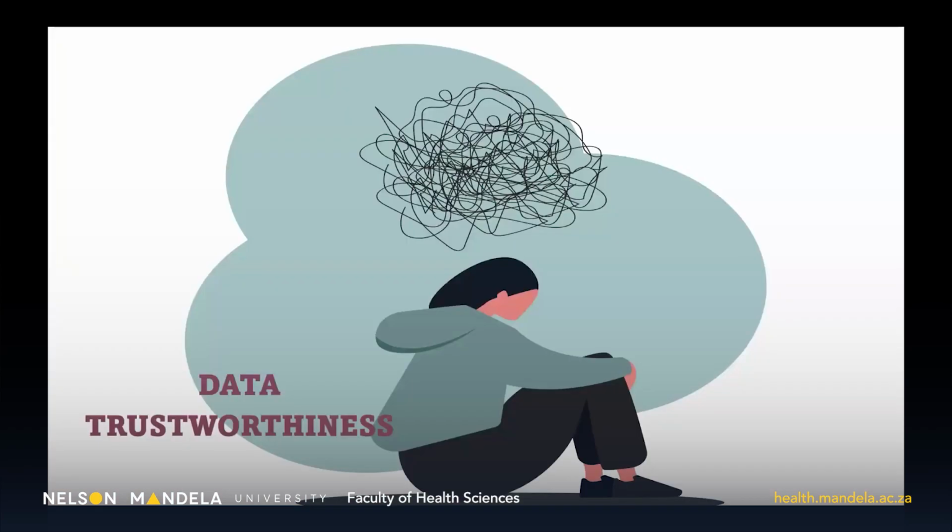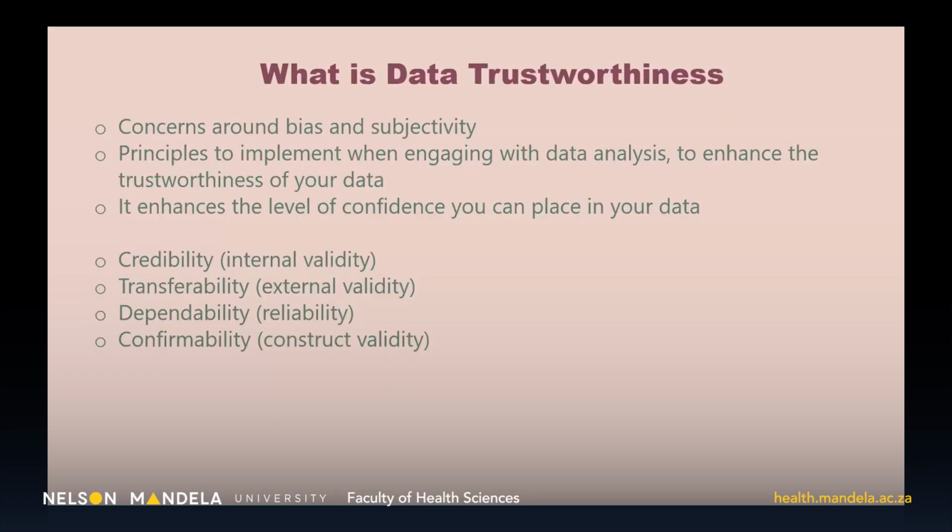Okay, so now we get to data trustworthiness. Because qualitative data analysis can be such a subjective process, this idea of piecing together meaning, of constructing a meaning, it's really important that we do this in an accountable manner. So there are principles that we adhere to that are going to enhance data trustworthiness, right?